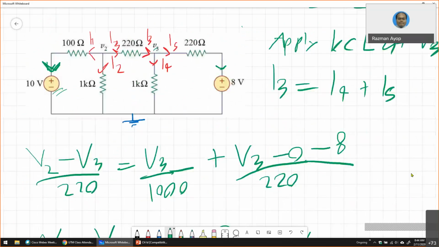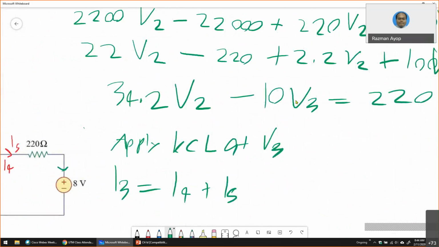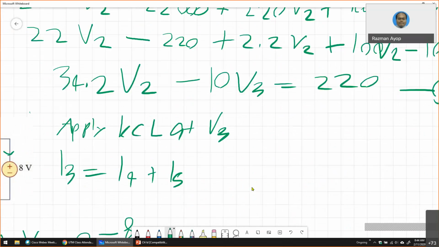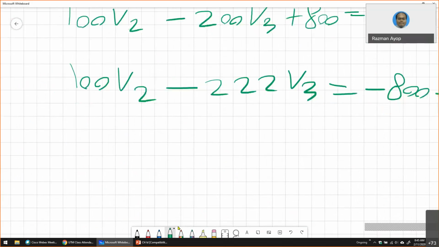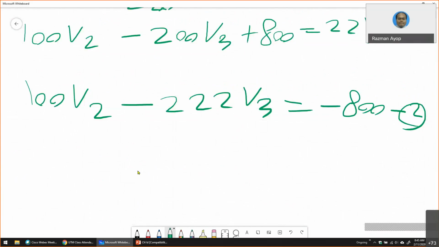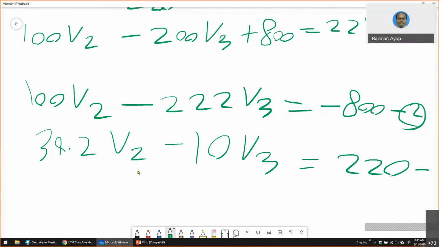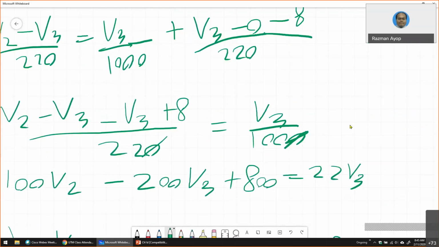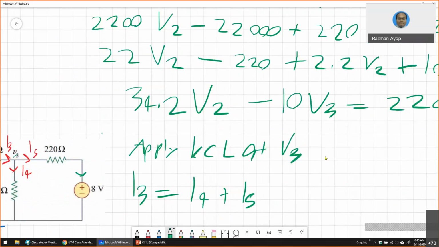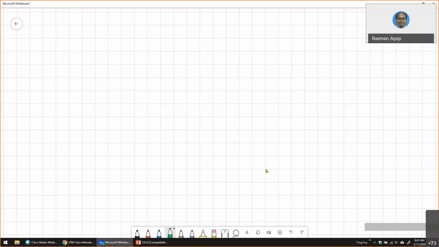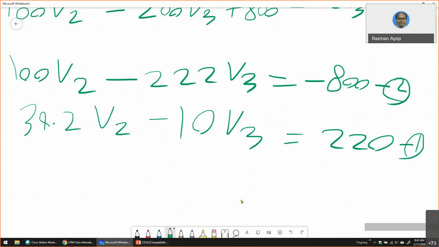So the first simultaneous equation is 34.2 V2 minus 10 V3 equals to 220. So this is the first simultaneous equation. Okay, use your calculator. Okay, practice using your calculator.